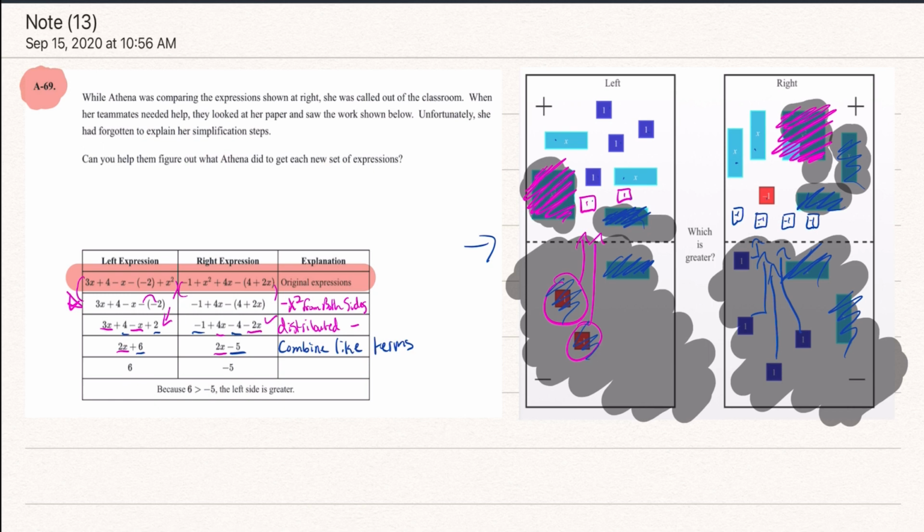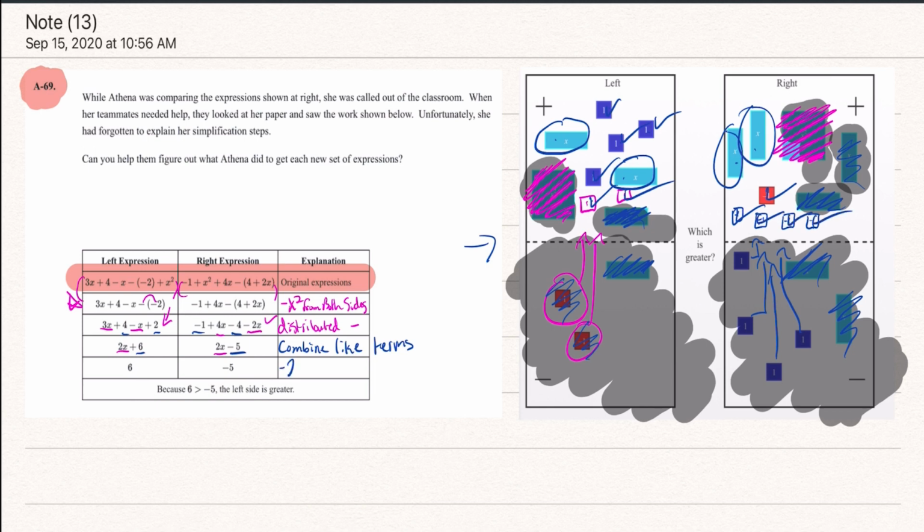And if we take a look at our last step, it looks like we subtracted 2x from both sides, because if you look at our E tool, we have 2 x's on both sides of the equation. If we were to pretend that they were on a scale, they both have that weight of the 2x. So if we subtract 2x from both sides, we wind up with just the constants: 1, 2, 3, 4, 5, 6 on the left, and negative 5 on the right.